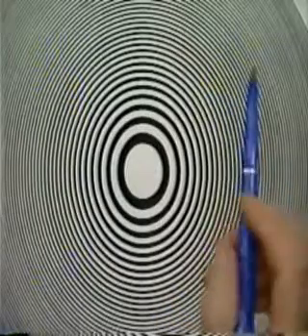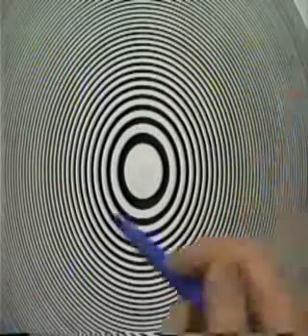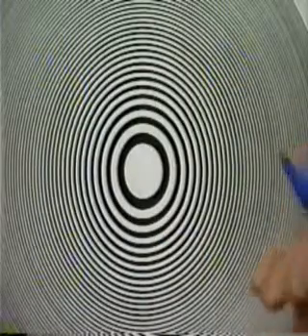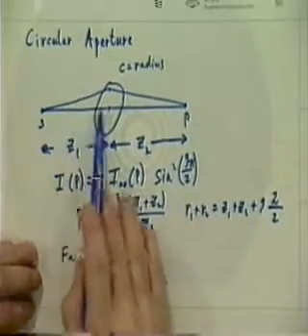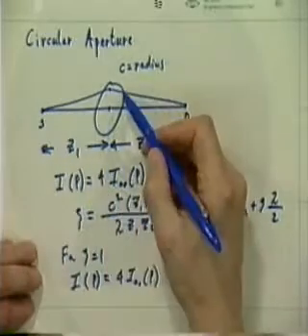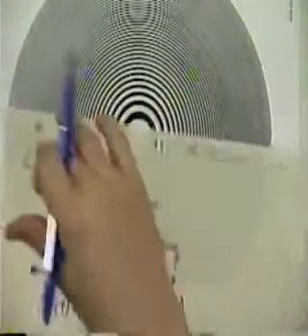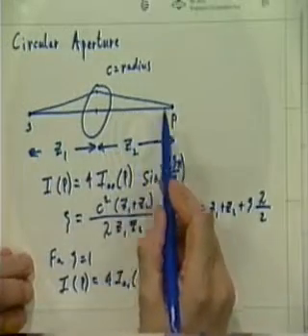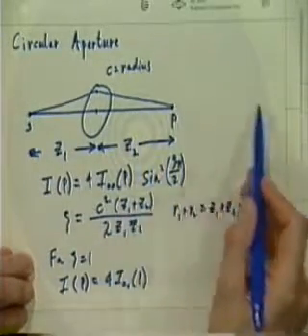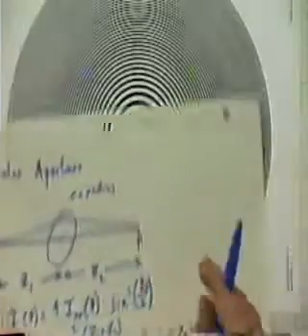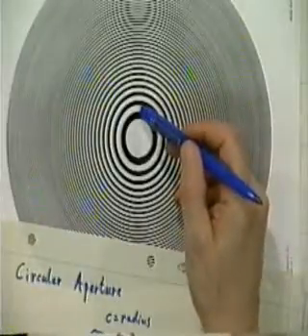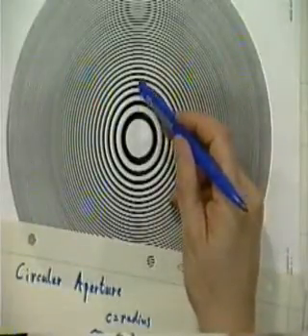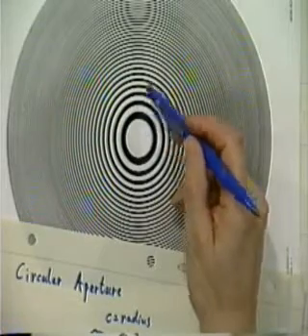So if we kept the wavelength constant, and let's say we kept the overall size of this constant, if I move along here, there's only one location in space, at least to the right here, where each transparent portion is one Fresnel zone.